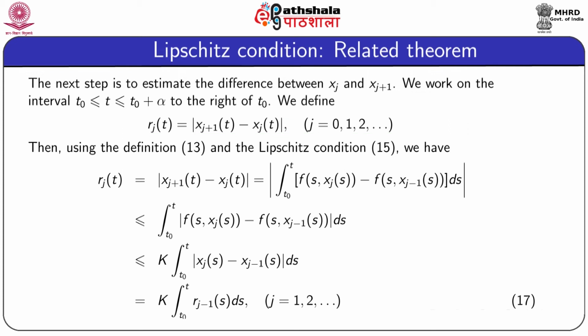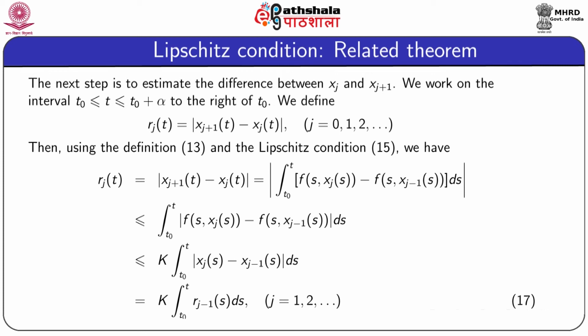Then using the definition 13 and the Lipschitz condition 15, we get r_j equal to mod of x_(j+1) minus x_j, which is equal to mod of the integral from t_0 to t of f(s, x_j) minus f(s, x_(j-1)) ds, which is less or equal to the integral of mod of f(s, x_j) minus f(s, x_(j-1)) ds, which is less or equal to k times the integral from t_0 to t of mod of x_j minus x_(j-1) ds.